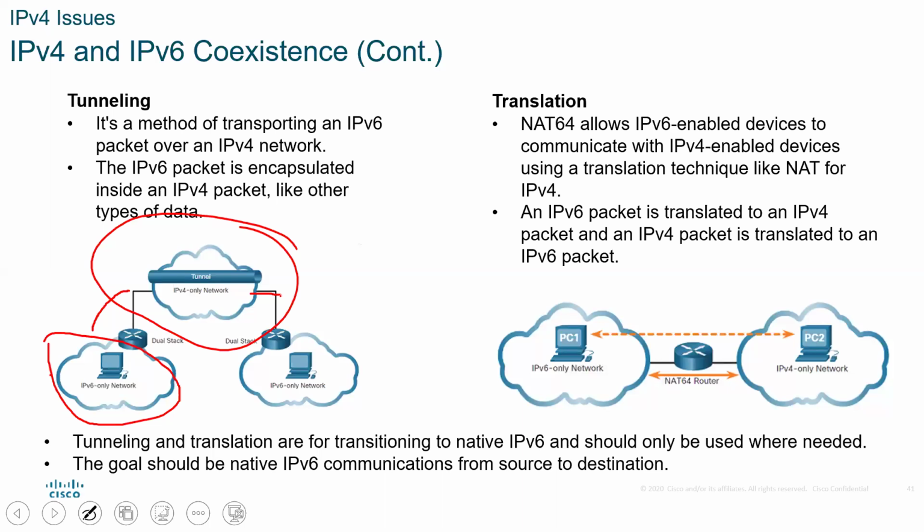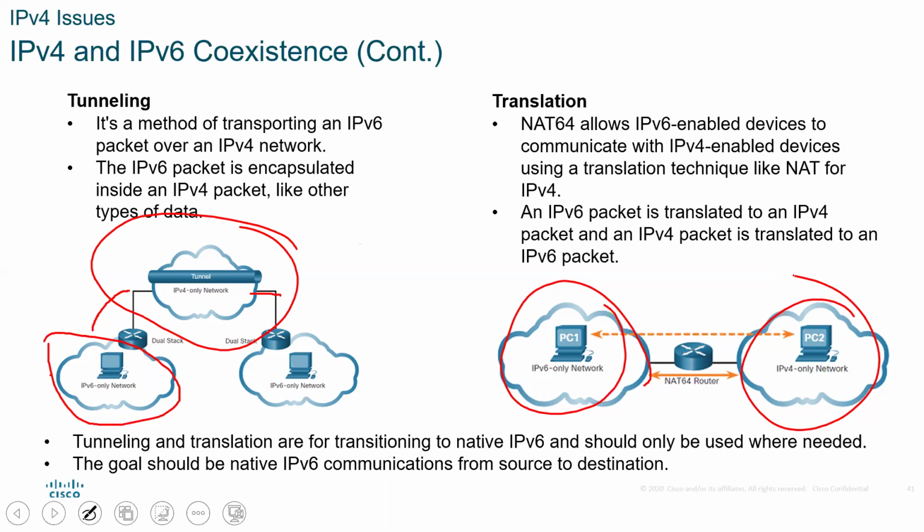Then you have another technology called translation. It's like NAT. Remember we talked about NAT? So this is also another type of NAT. How does it happen? Maybe in one network, you have IP version 6 only. In another network, you have maybe IP version 4 only. So on the router, you can configure it to do what you call NAT64.